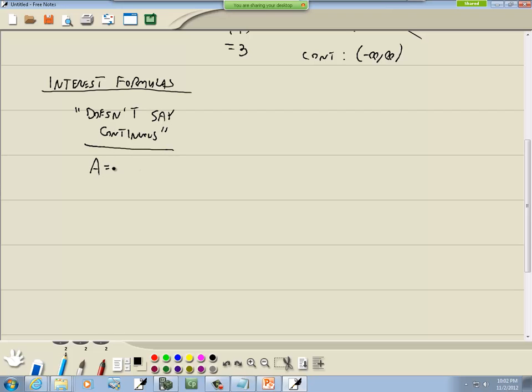That's this formula: A is equal to P times 1 plus R over N, to the NT power. And the other one actually says continuous. Specifically, it'll say compounded continuously, and this one will say compounded quarterly, compounded monthly, whatever. This is the PERT formula here.